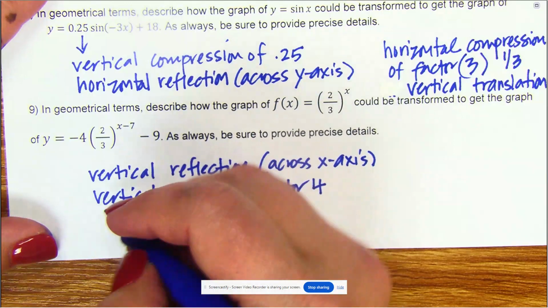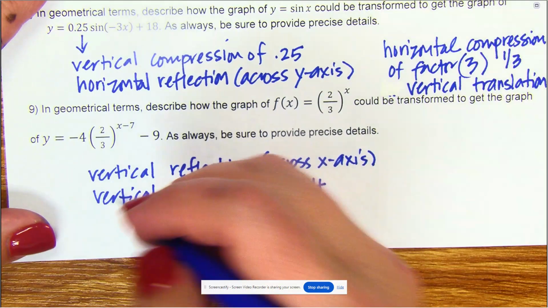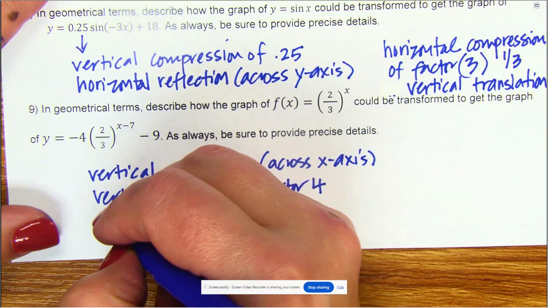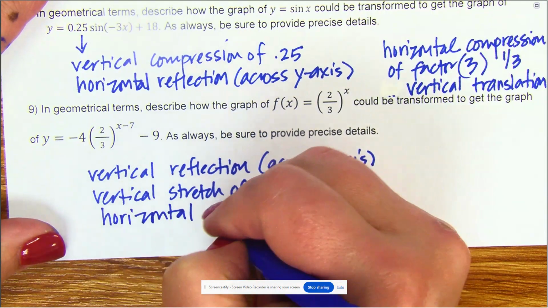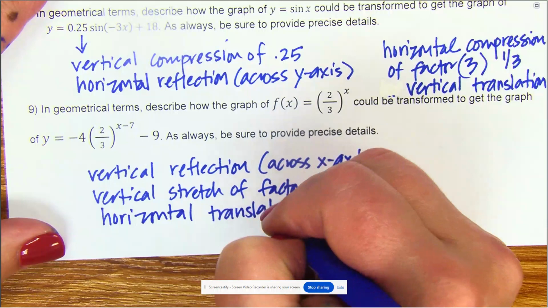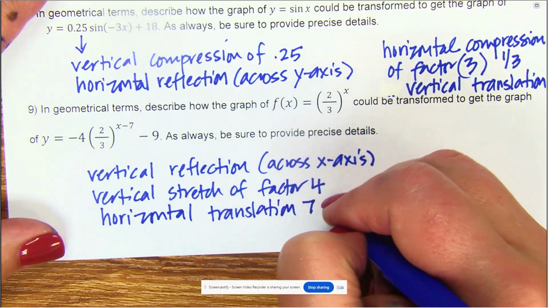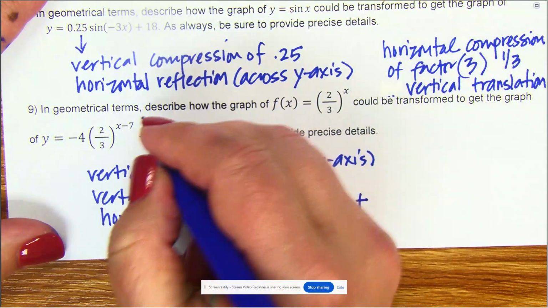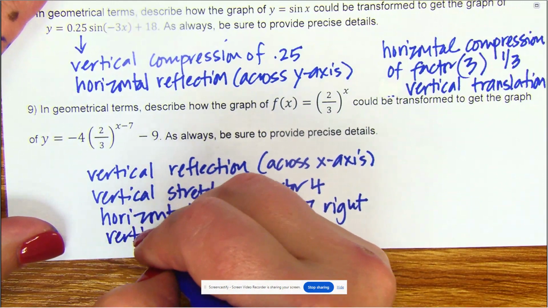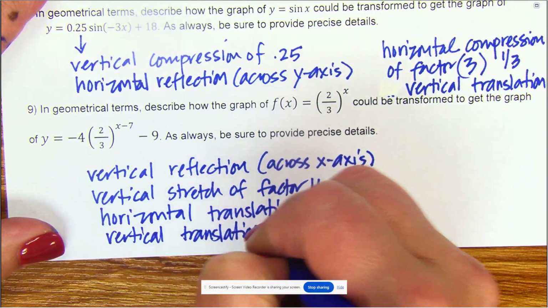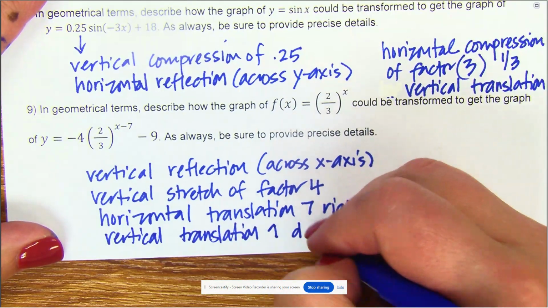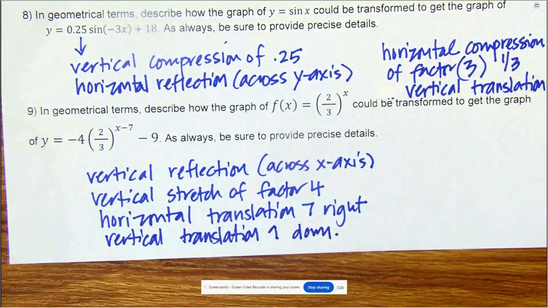The -7 is 7 to the left, or sorry, right, so a horizontal translation 7 right, and then a vertical translation 9 down.